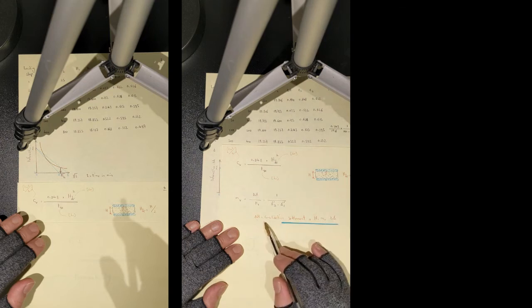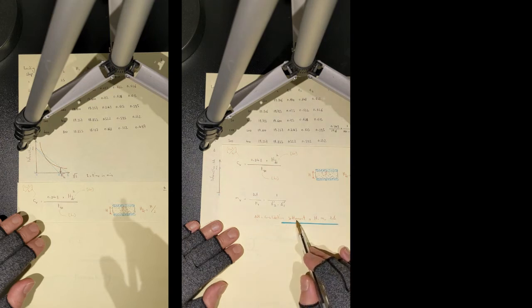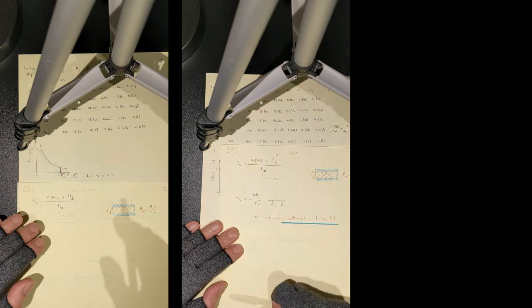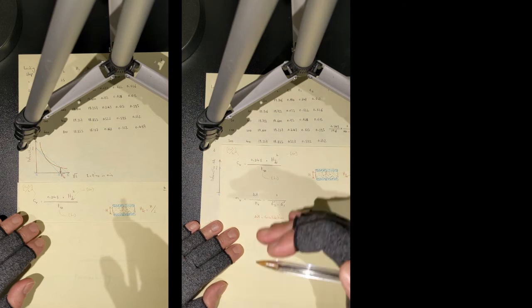Consolidation settlement is equal to H, the thickness of your clay layer, multiplied by M sub V, which is a number in 1 over kPa, multiplied by delta sigma. This is the effect of surcharging, or let's say the change in stress state because of construction, superstructure.